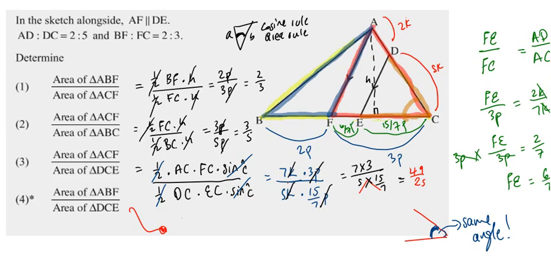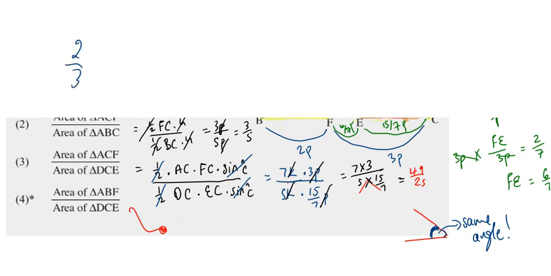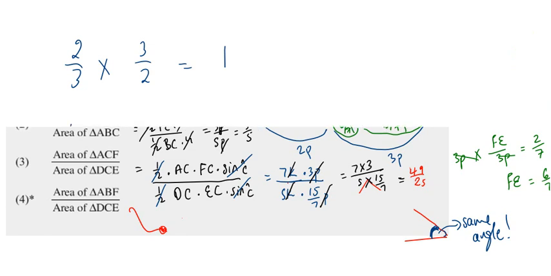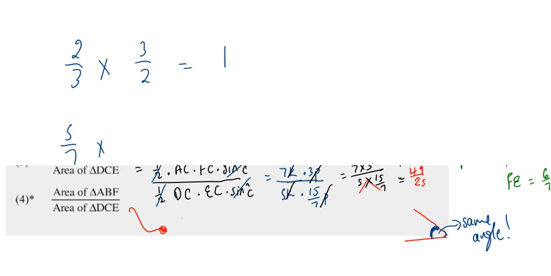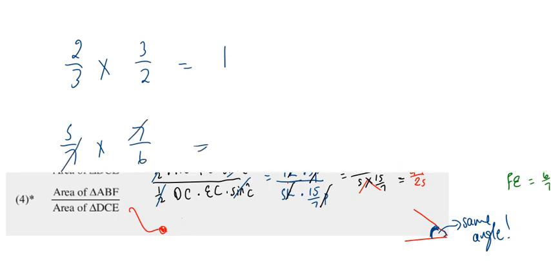Let's say I have 2 over 3, and I multiply it by 3 over 2, the answer I get is 1. I think we can agree with this. And then if I have 5 over 7, I multiply by 7 over 6. I believe these would cancel, and then you're left with 5 over 6.